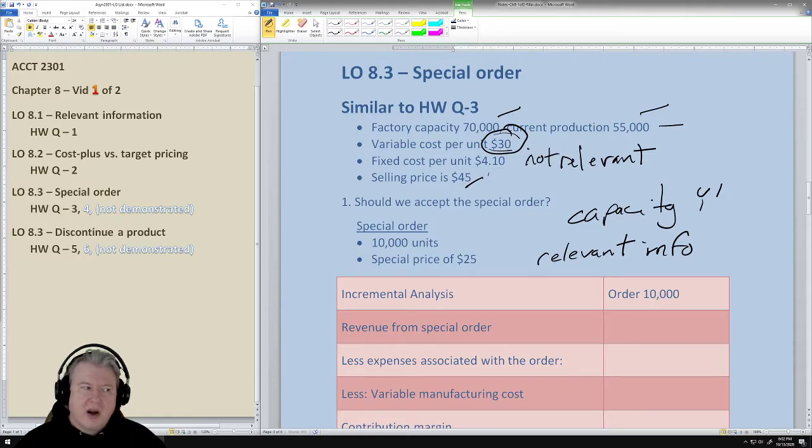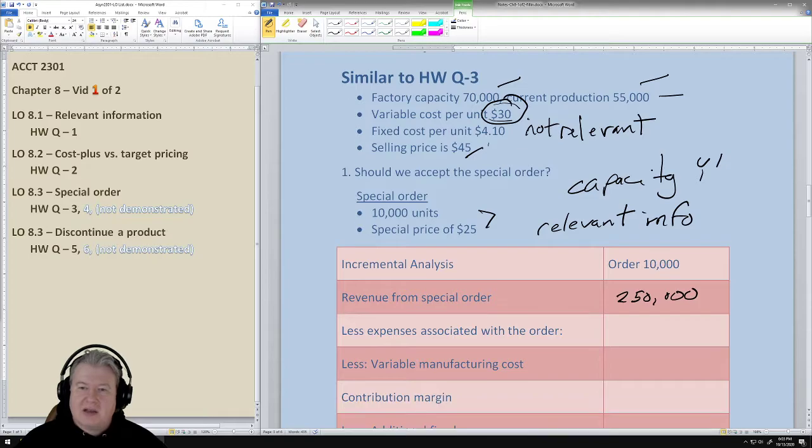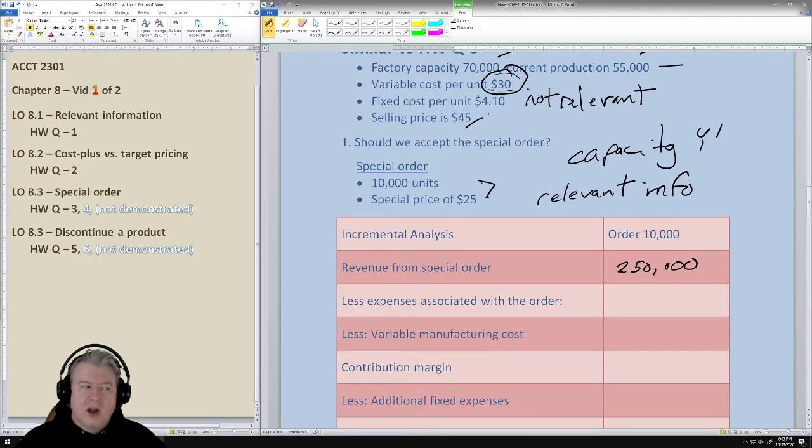So when we do our incremental analysis, we're going to say, what is our revenue from this? In other words, incremental analysis looking at the relevant information. An order of 10,000, well, we would get an extra 250,000 revenue. Are there any expenses? Well, we don't have any extra information here.